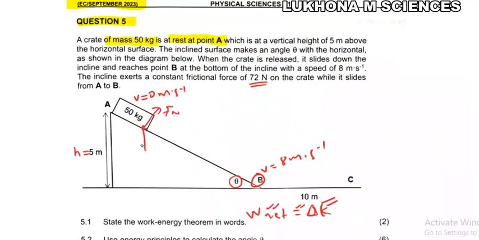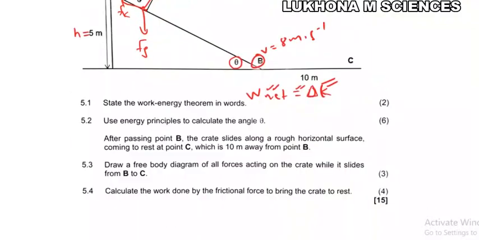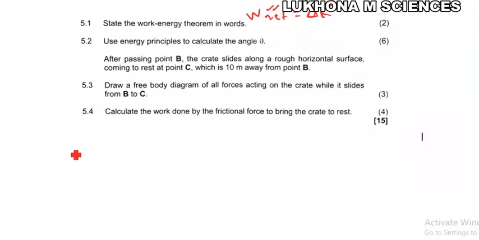There is Fg. Then there is a friction, that is Fk. That is the free body diagram we have. So the free body diagram, we're about to answer 5.2. Let's start with the free body diagram of the inclined path. So we have that normal force, then we have Fk, then we have Fg.